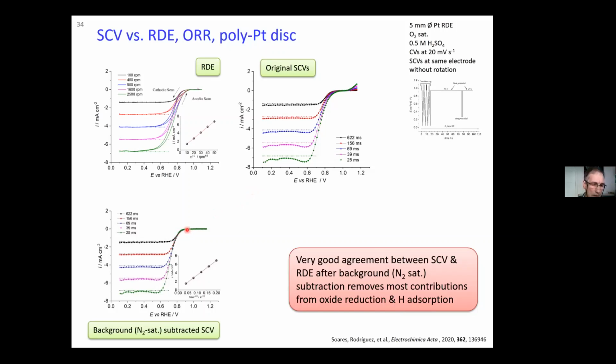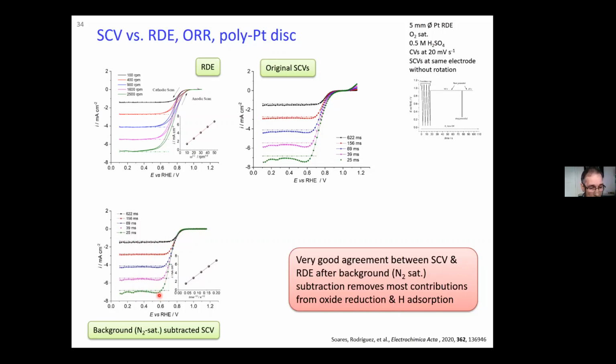And when you subtract the sample current voltammograms obtained in nitrogen, you find that these background-subtracted sample current voltammograms are much more in line with the currents obtained with the rotating disk electrode, which corresponds to these horizontal dotted lines.